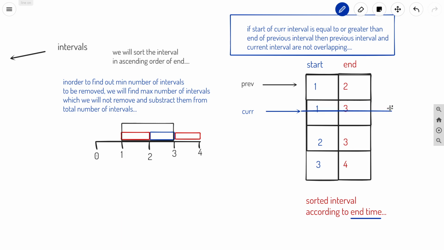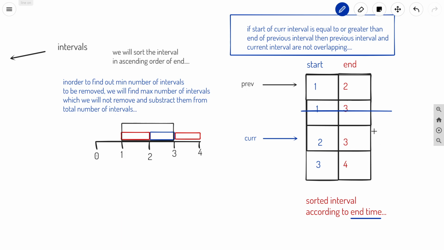Okay, so we will just go to the next interval. We are on the third interval, and again we will check with the previous one whether we can add this interval with the previous one or not. You can see that the end time of the previous is 2 and the start time of current is again 2. Both are equal, which means they are not overlapping.